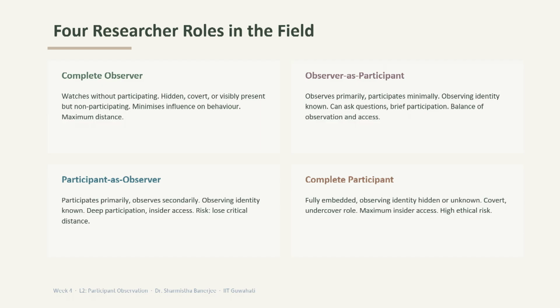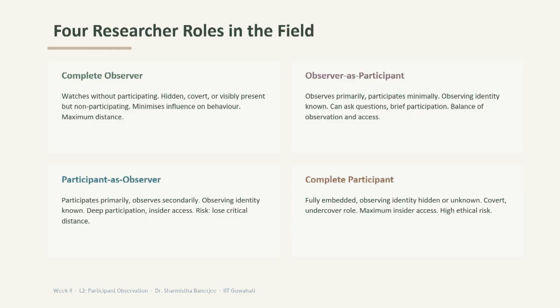So I can try my hands at the activity. However, I know my primary activity is the observer's role. So my participation is very minimal. My observing identity is known to the community with whom I am doing this particular study. I can ask questions, I can briefly participate. There is a balance between observation and access.